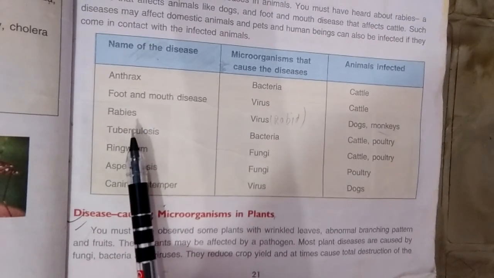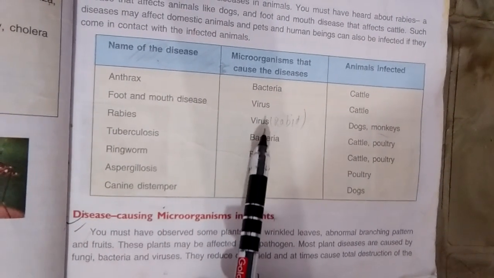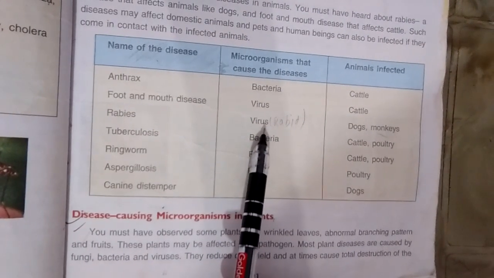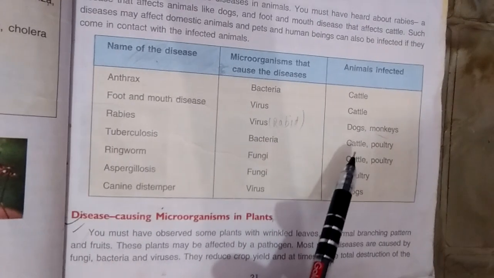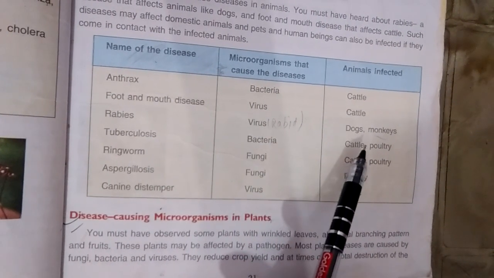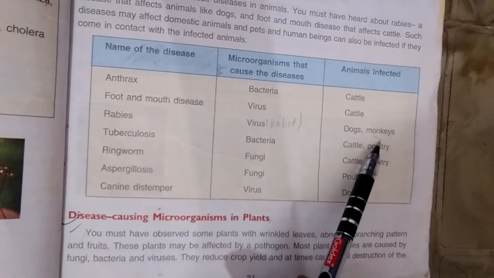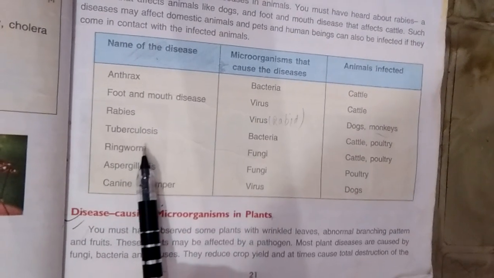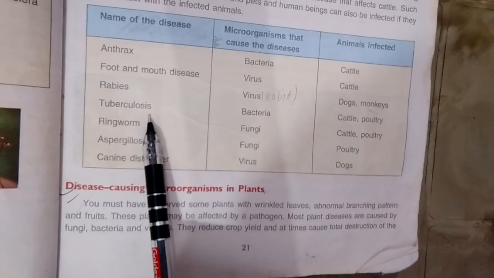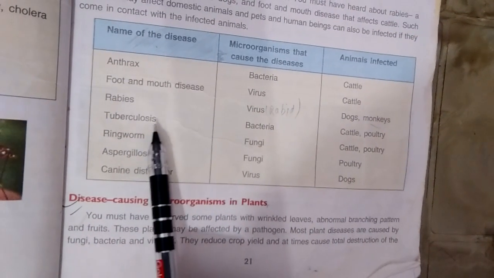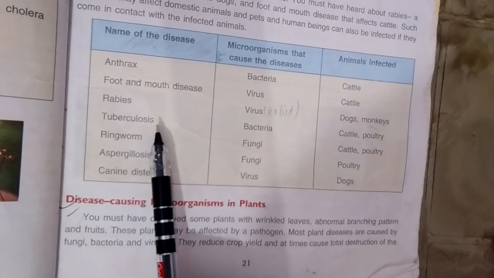Now come to rabies. A virus causes this disease, rabies, and the animals which get infected are dogs and monkeys. Then come to tuberculosis. We are also infected by tuberculosis, and other bacteria of tuberculosis also infect cattle and poultry.